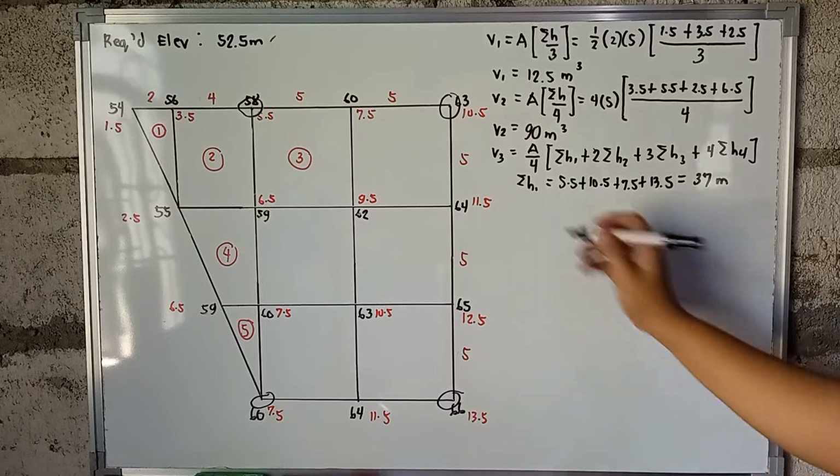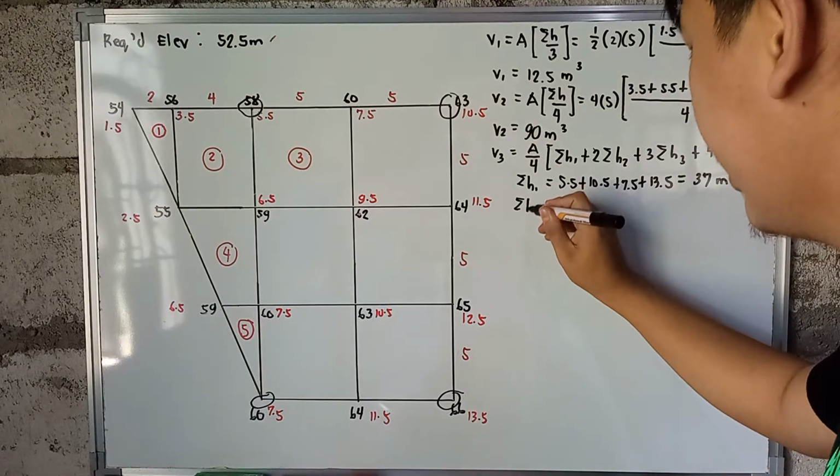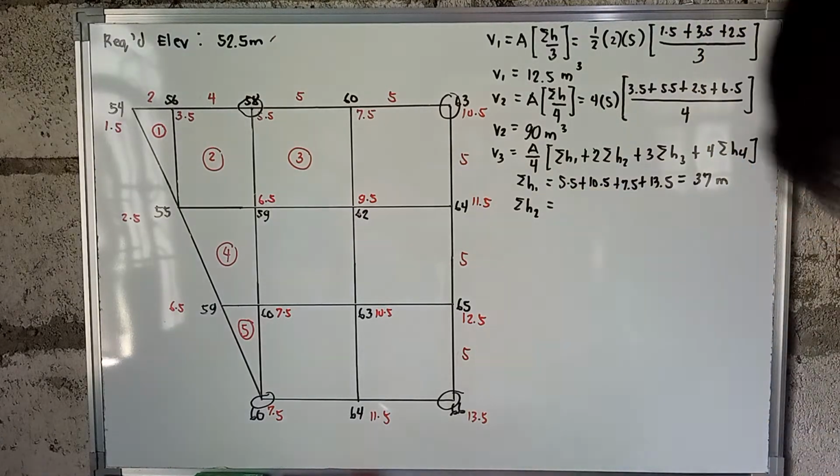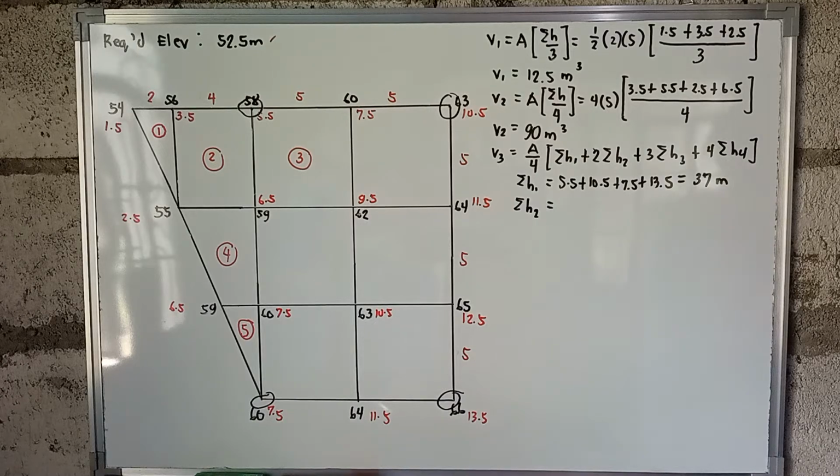Ngayon, paano naman yung summation H sub 2 natin? So, recalling lang, kapag sinabi nating H sub 2, common siya sa dalawang prism natin. Dalawang prism having the same bases. So, tingnan natin, mag-refer tayo sa figure natin.